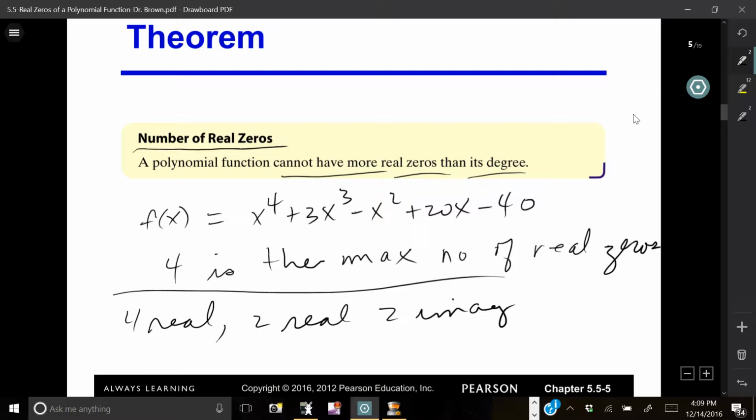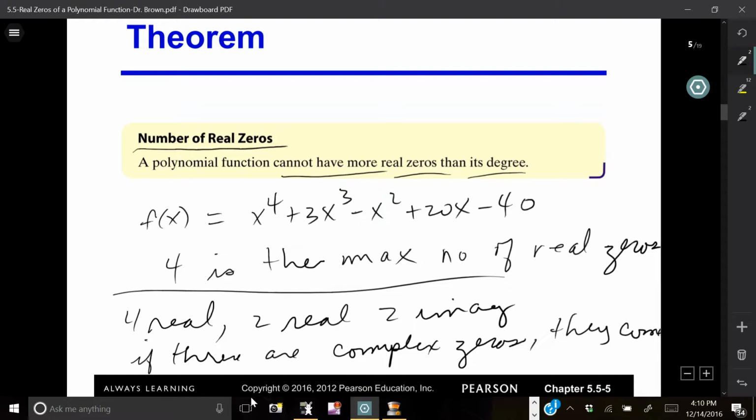and we will learn a little bit more just a little bit later in this presentation that if there are complex zeros, they come in complex conjugate pairs.